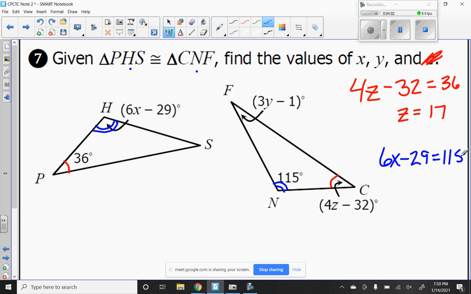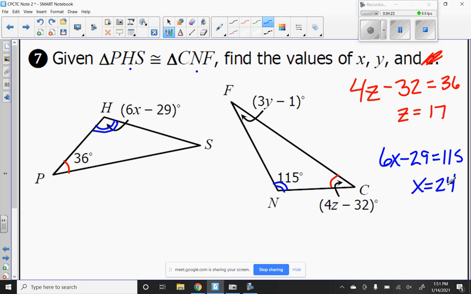I'm going to solve it real quick. 115 plus 29 divided by 6. And I know X is 24 now. Is this anything new to anybody yet? Is everybody cool? Okay, I'm just using that congruent statement.